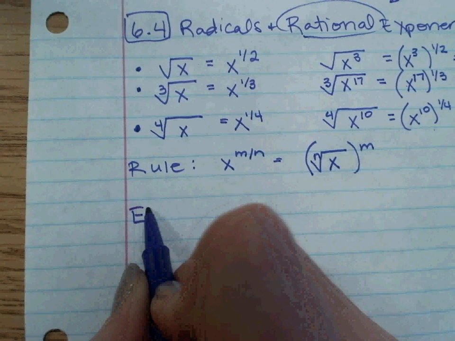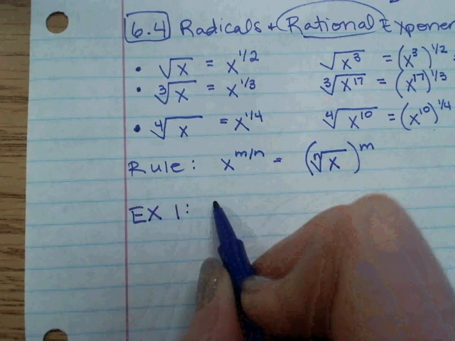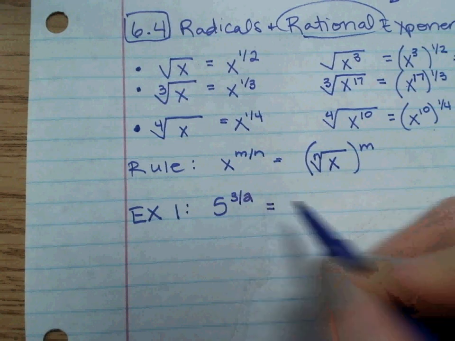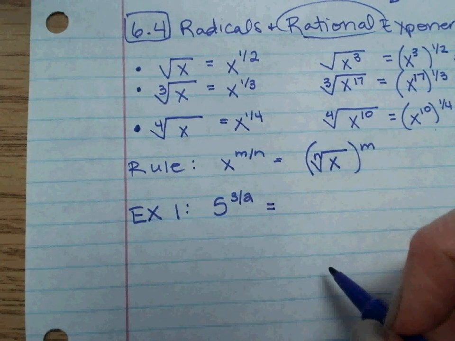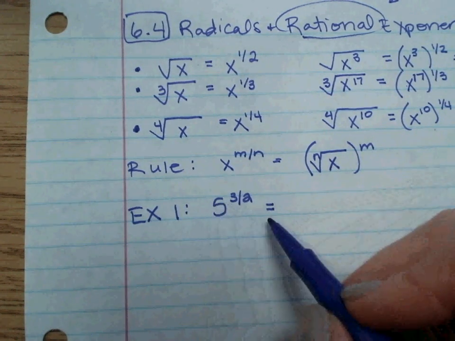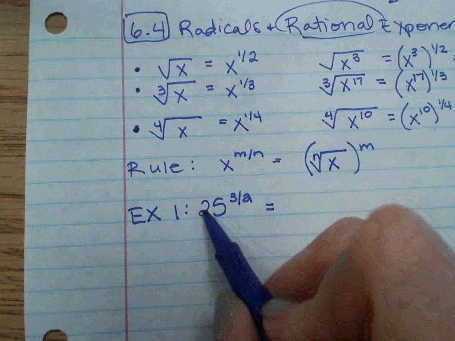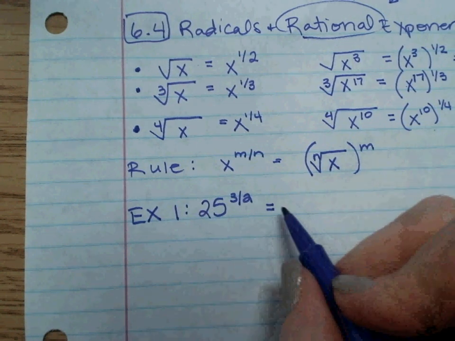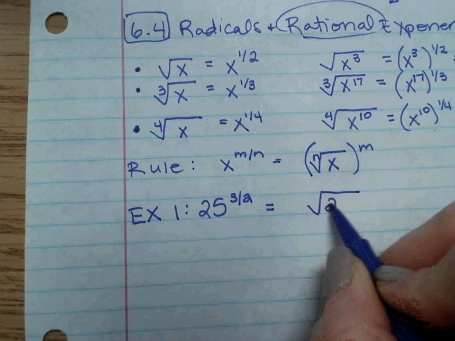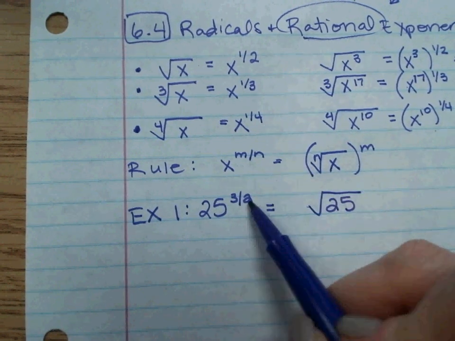So for example 1, we'll say 25 to the 3/2. That's the same thing as saying the square root of 25, to the 3rd power.